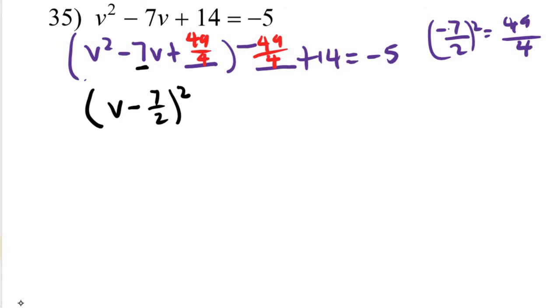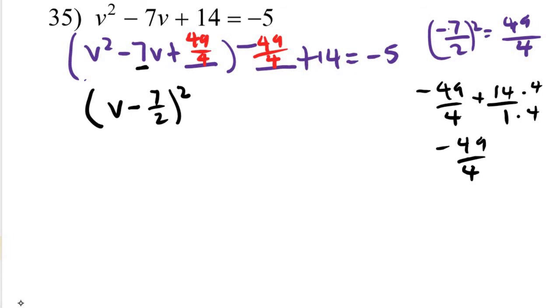And then we're going to try to add this together. Let's do it on the side. Negative 49 over 4 plus 14 over 1. If I multiply by 4 to get the same denominator, I will get negative 49 over 4, and 14 times 4 is 56.